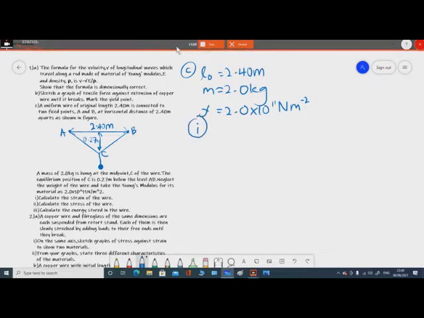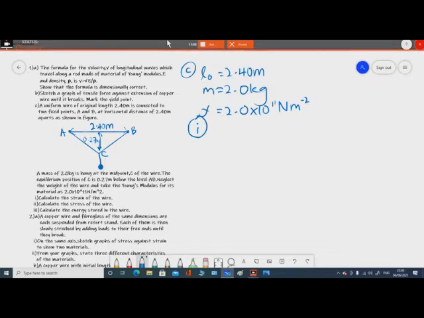So how can we calculate the strain for our wire? We know that the original length is 2.40 meter, so we need to know the actual length for AC and BC.